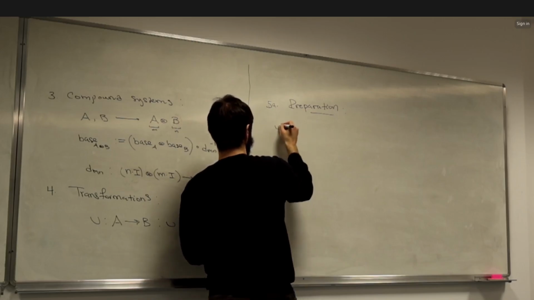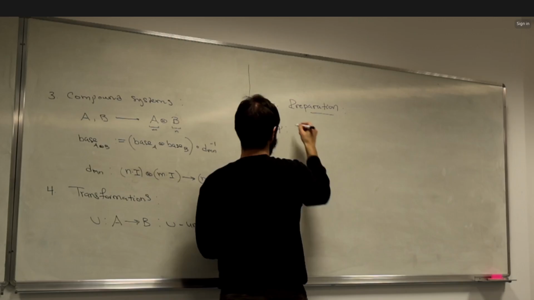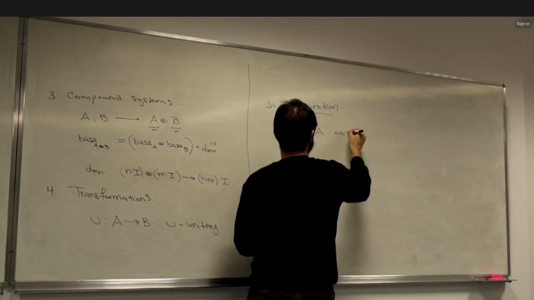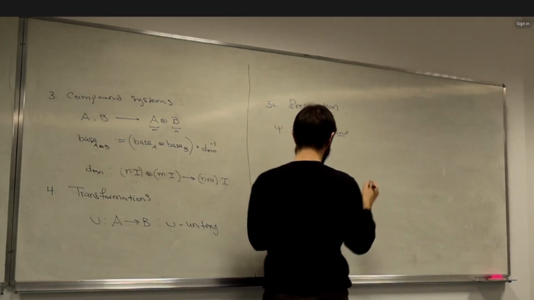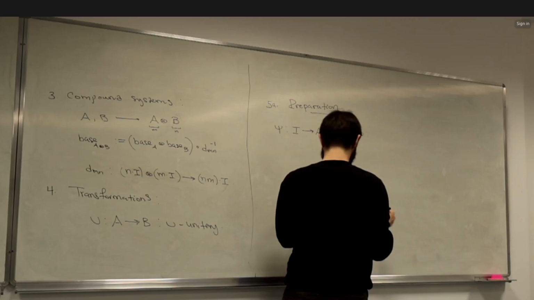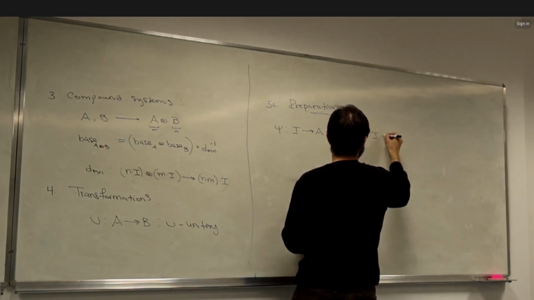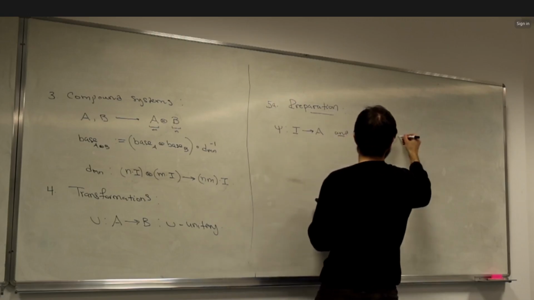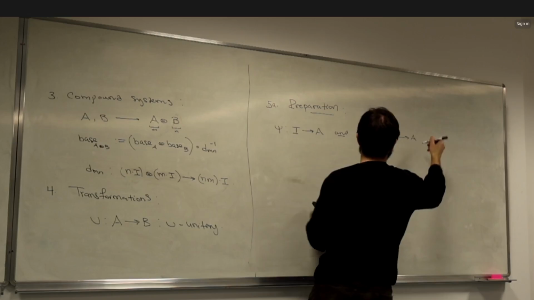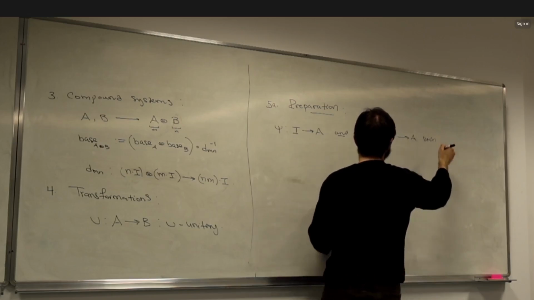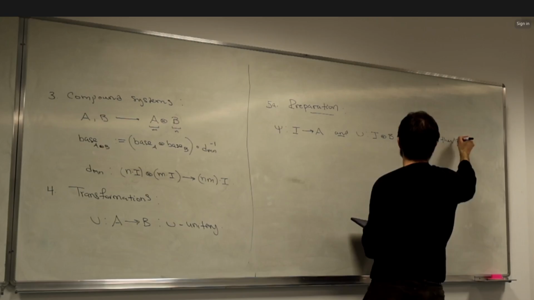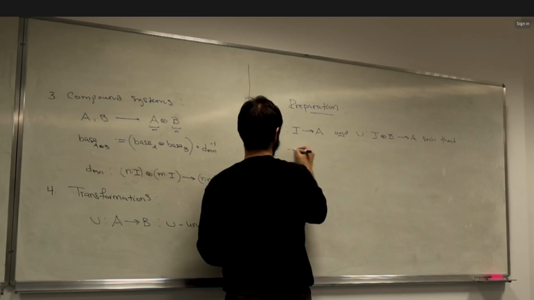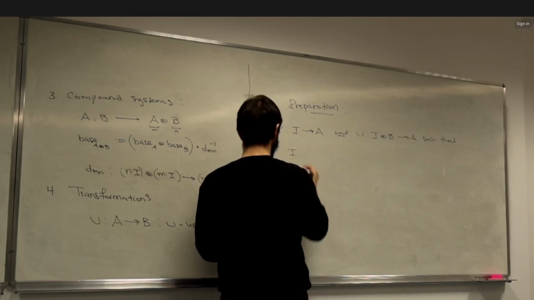We have some morphism psi from I to A and a unitary U from I B to A, such that the following diagram is going to commute.